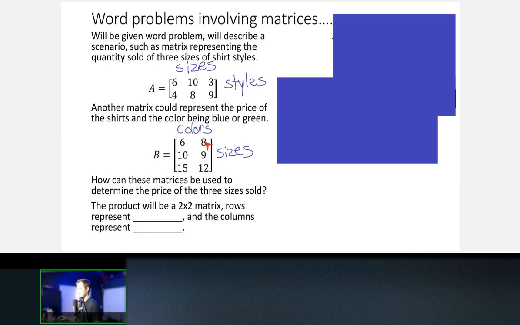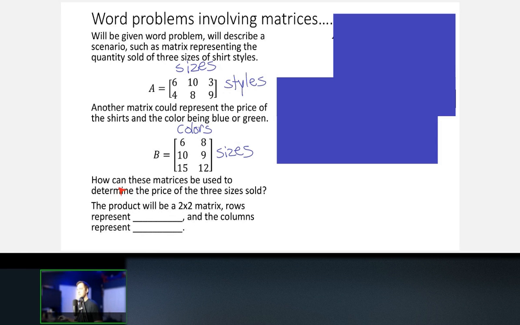So it looks like they charge more for the small green than the small blue, for example. But anyway, I guess that makes sense. So you really have to label your matrices properly. And then you're going to have a fill in the blank. I believe you're going to have a bank of choices, so it makes it a little bit more tolerable.